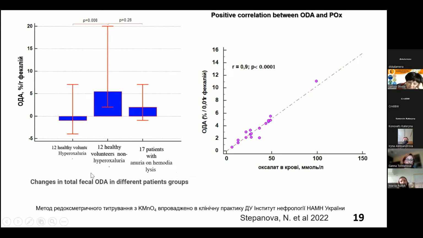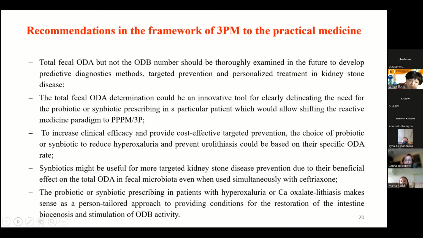And what we discovered that oxalate degrading activity was the highest in the 12 healthy volunteers with the normal level of oxalate in urine, in comparison to the groups of volunteers and patients with hyperoxaluria or anuria per se. And also we found the positive correlation between the oxalate degrading activity and plasma level of oxalate.